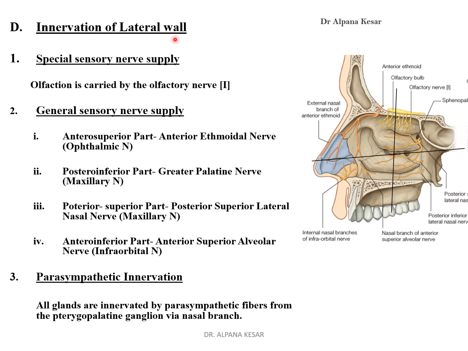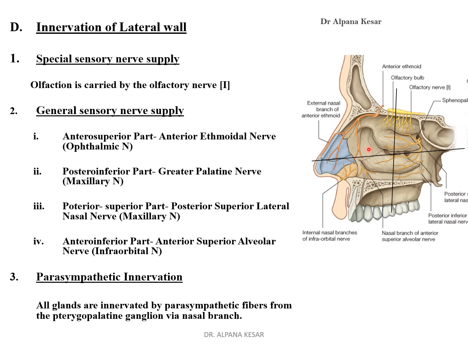Innervation of the lateral wall of the nose. Special sensory nerve supply to the lateral wall of the nose is by the olfactory nerve. Olfactory nerve innervates the olfactory receptors present in the roof of the nasal cavity. The general sensory nerve supply to the lateral wall of the nose, for ease of understanding, has been divided into 4 areas.